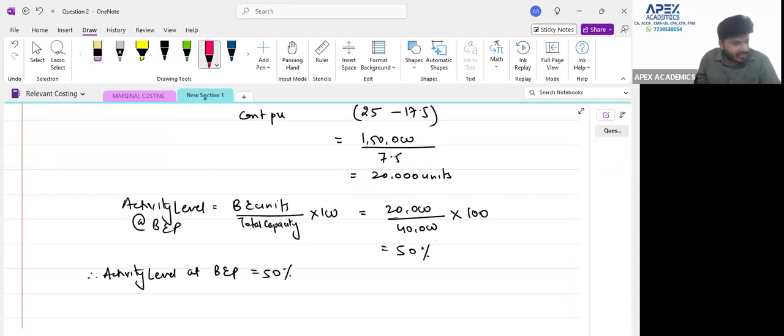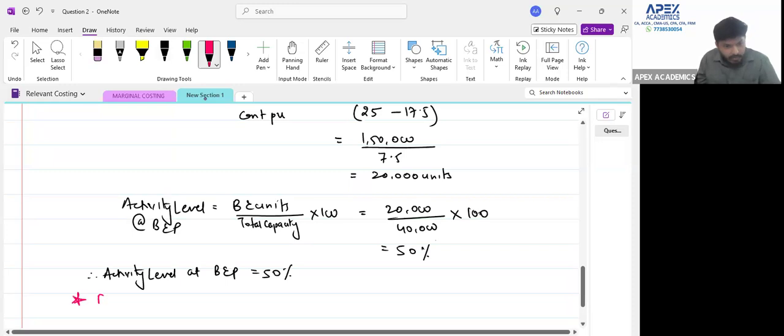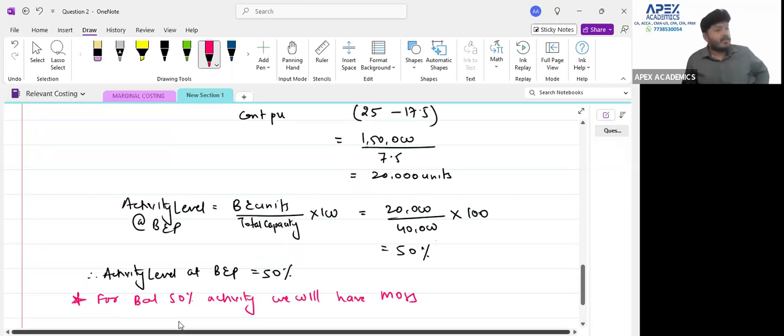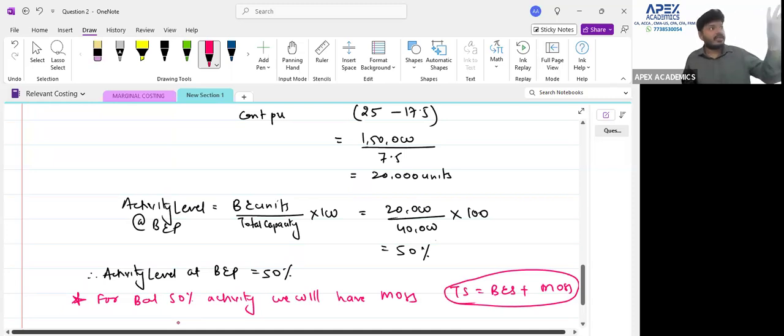Therefore, look at my next statement. Therefore, for the balance 50% activity level, we will have margin of safety sales. Why? Because total sales is equal to break-even sales plus margin of safety sales, if you remember. If you remember from the first lecture, what are total sales?